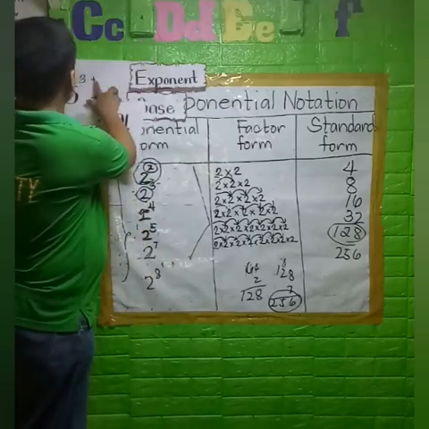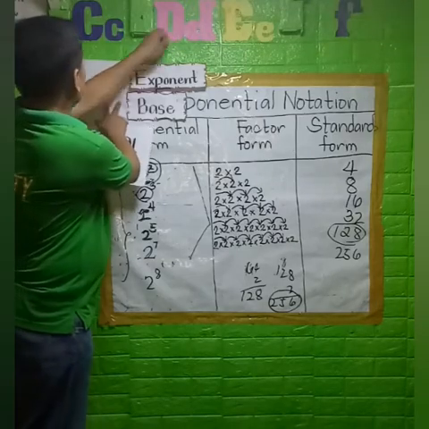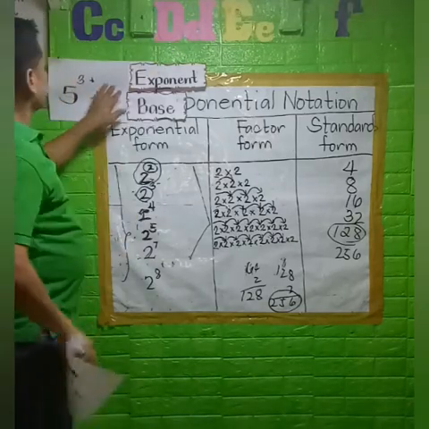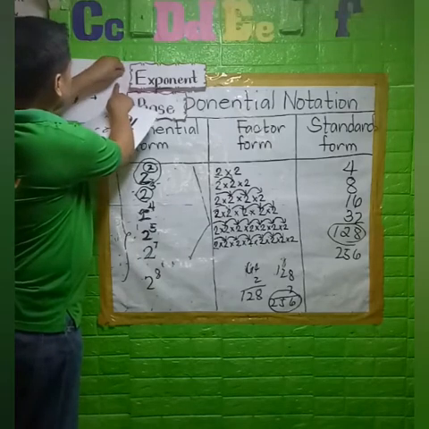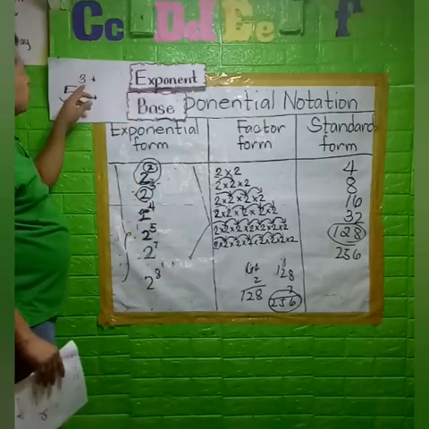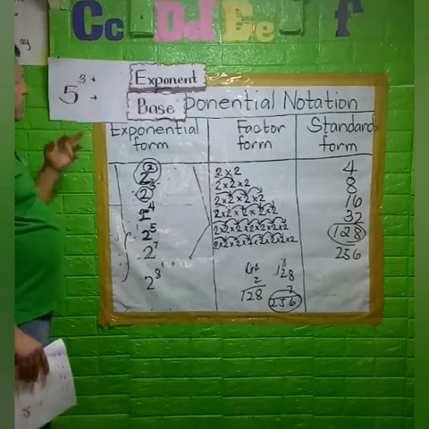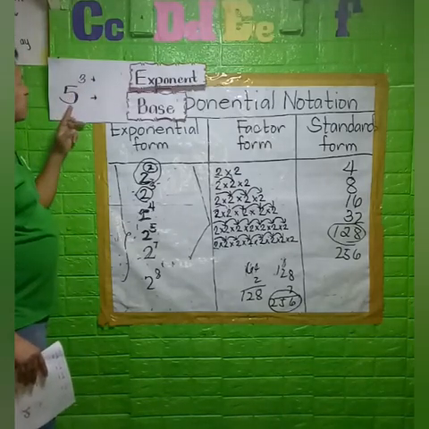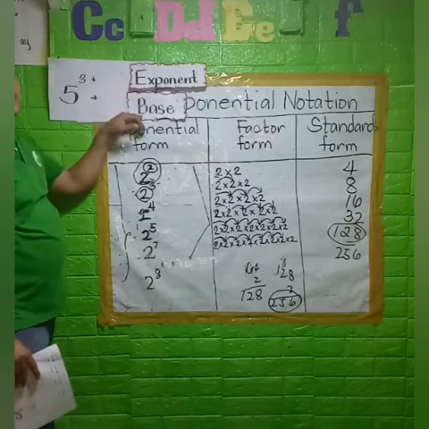Okay? So, another one, meron ako ditong halimbawa. I have here 5 to the power of 3 or 5 cubed. So again, the big number which is 5, that is the base.